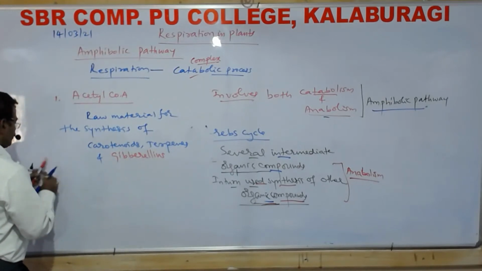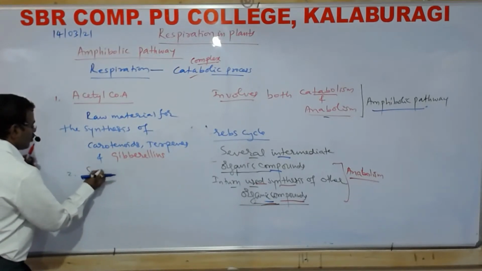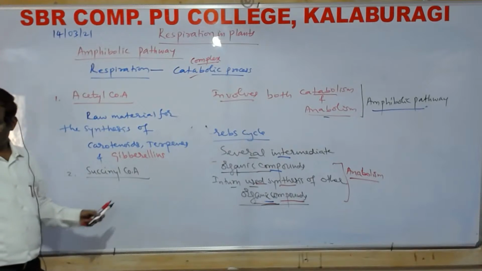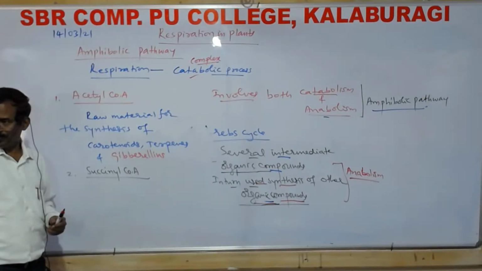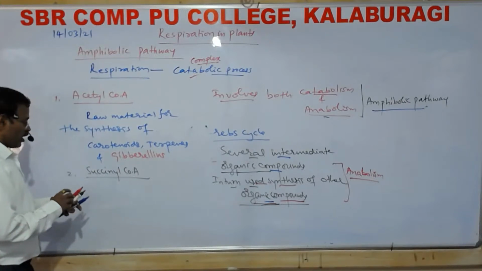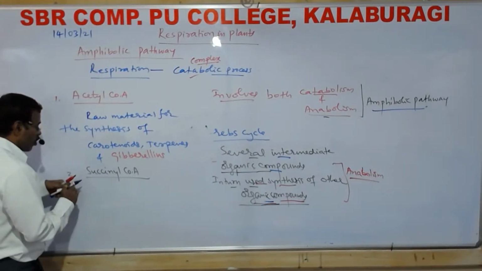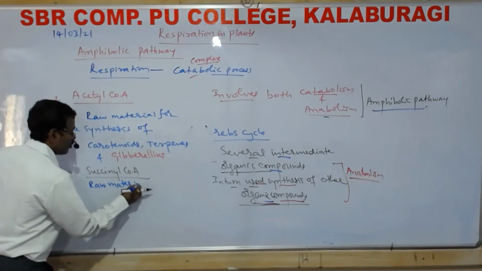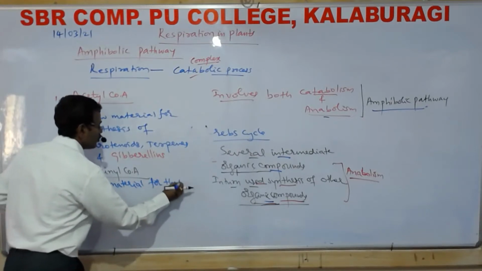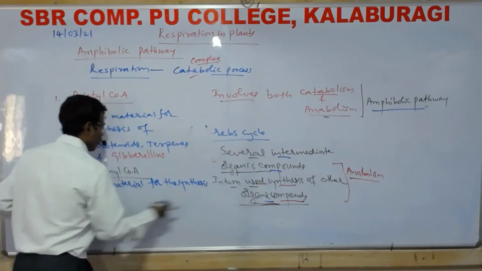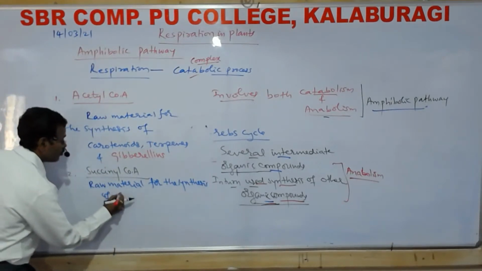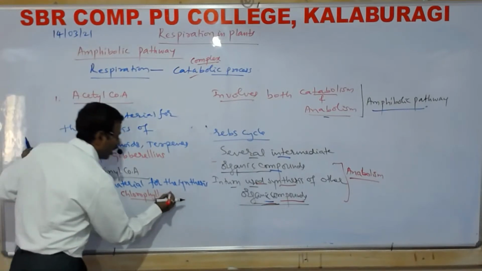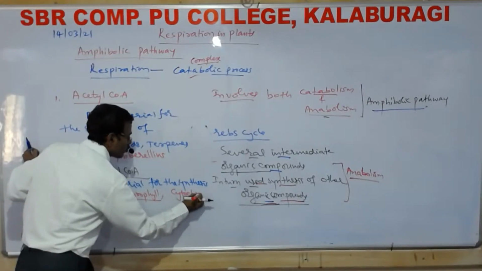Then the second one, succinyl coenzyme. During the Krebs cycle, this product is formed, succinyl coenzyme. This succinyl coenzyme is used as a raw material for the synthesis of chlorophyll, which is a pigment, and then you have cytochromes.